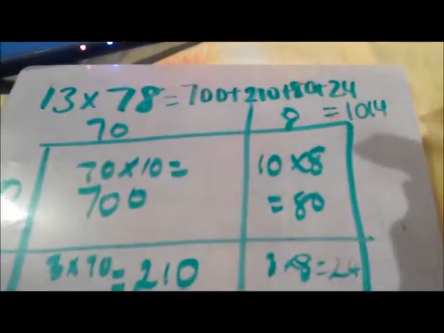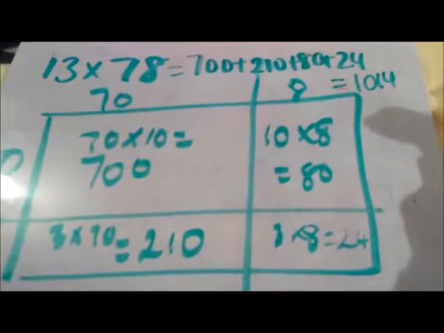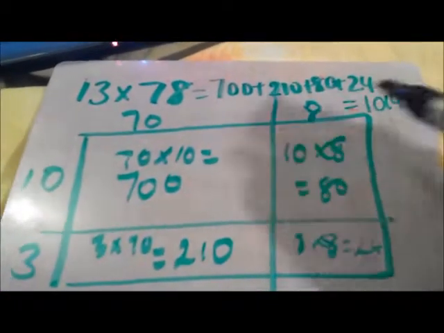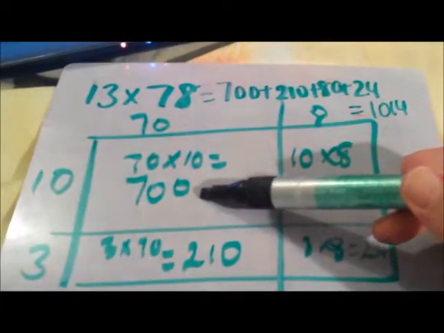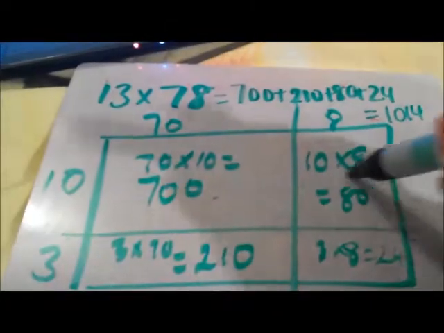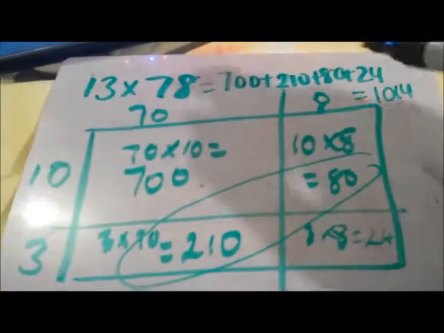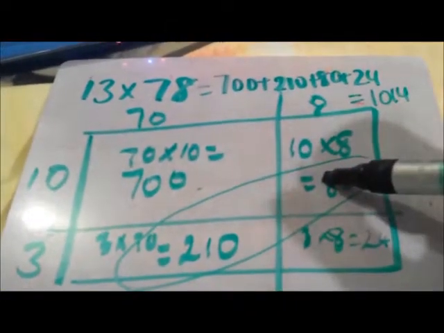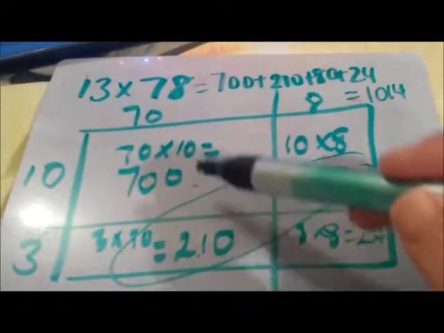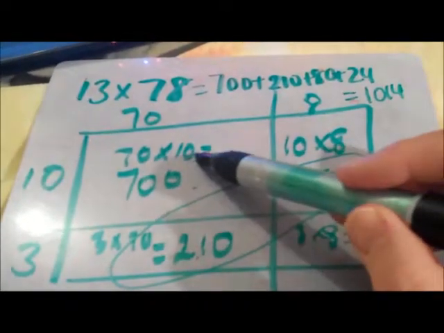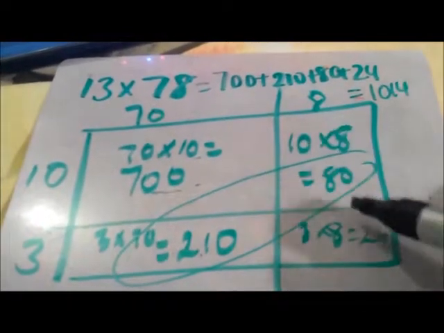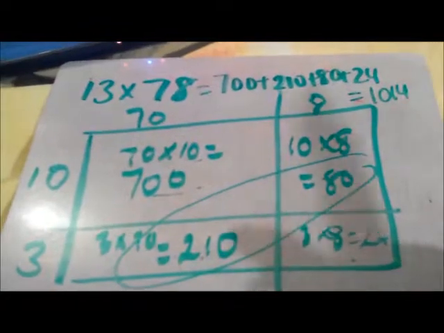So the hardest thing I had to do when multiplying two two-digit numbers is actually add them up at the end. And if you notice, these are hundreds, these are ones, and these are both tens, because 8 times 10 gives me tens, and 3 times 10 gives me tens. Tens times tens gives me hundreds, and ones times ones gives me ones.